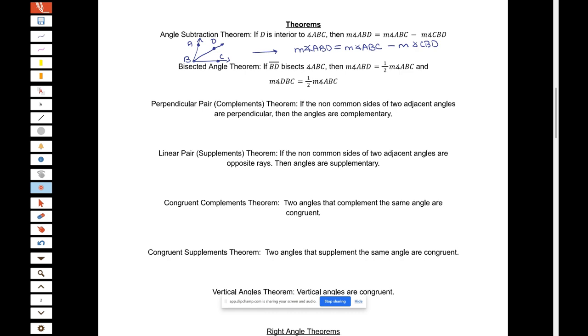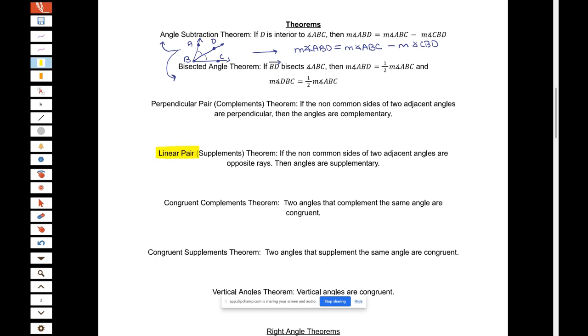It's very similar to the midpoint theorem versus the midpoint definition. So each part is half of the whole on the bisected angle theorem. That should be ray BD. So basically the same picture applies to both this rule and that one. We won't use that one a whole lot.